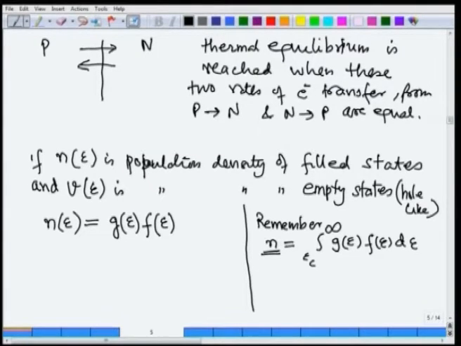So what is this quantity n of E? This quantity is n of E, what we are talking about.